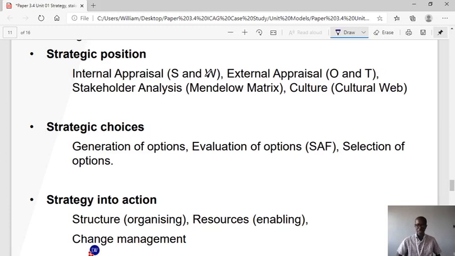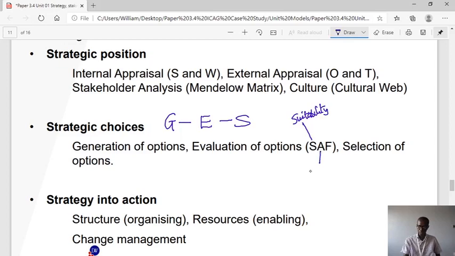Having done your analysis, you will then use it to make choice. And in the choice, we will have what I often refer to as GES. Please know it's not the Ghana Education Service. G is for the generation of options. E is for the evaluation of options using SAF. S is when you are evaluating options, you have to look at the suitability of the option.